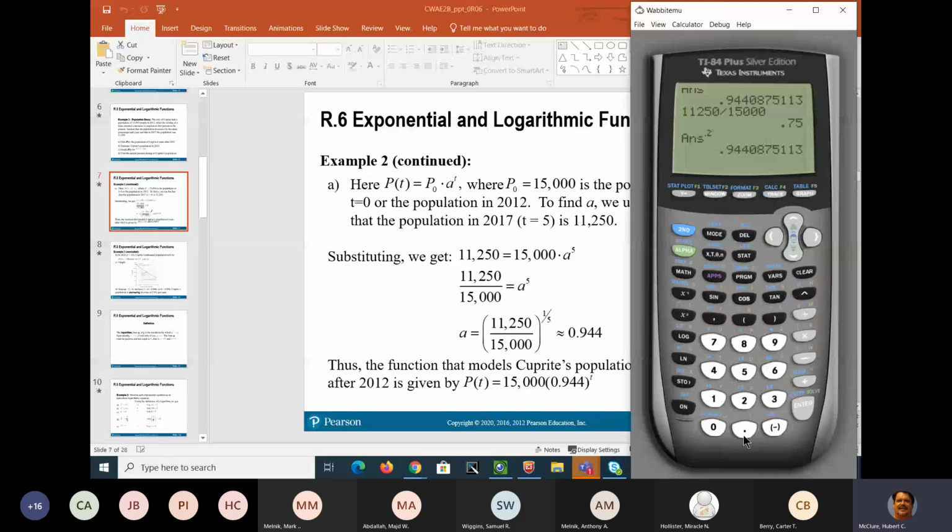Well, we know what A is now. So P of T is equal to P of 0 times 0.944 to the T power. And that is your formula that you're going to use. And of course, for B, you're going to plug in T. So this is your setup. This is A.